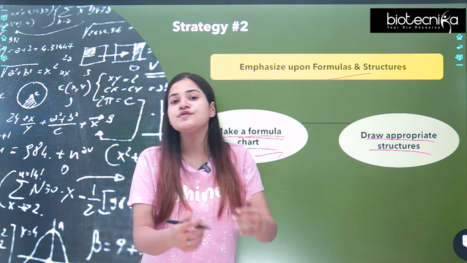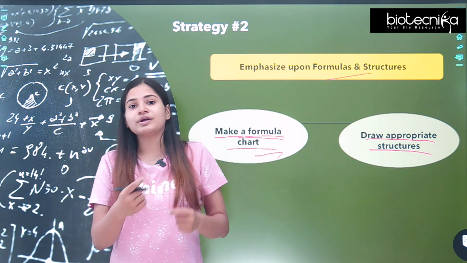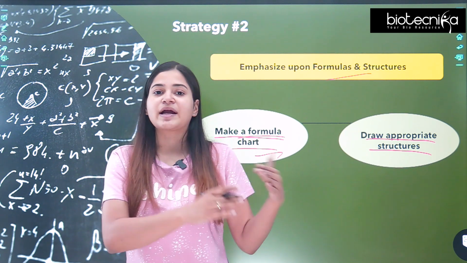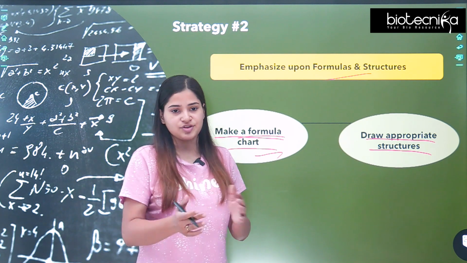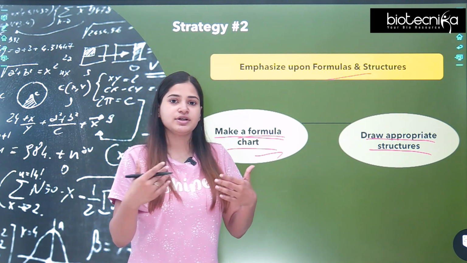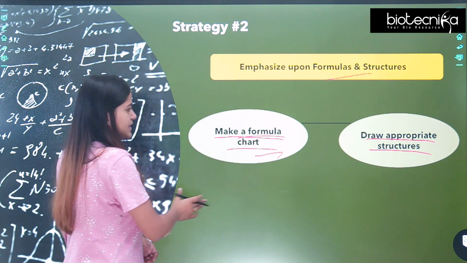So you won't get confused between the alpha, beta, enantiomer, rotational, because you have practiced it. So it's very important to draw appropriate structures in your notes, especially if you want your preparation to be done in less time. So these are very important.